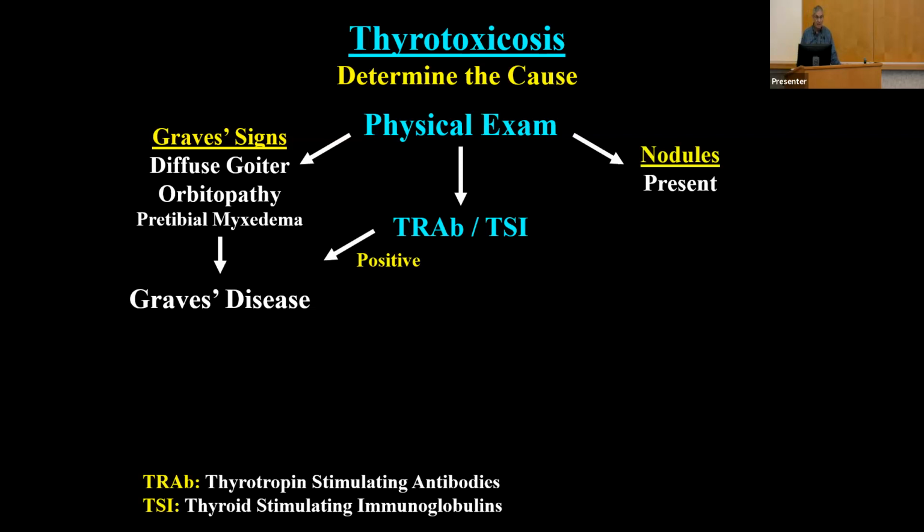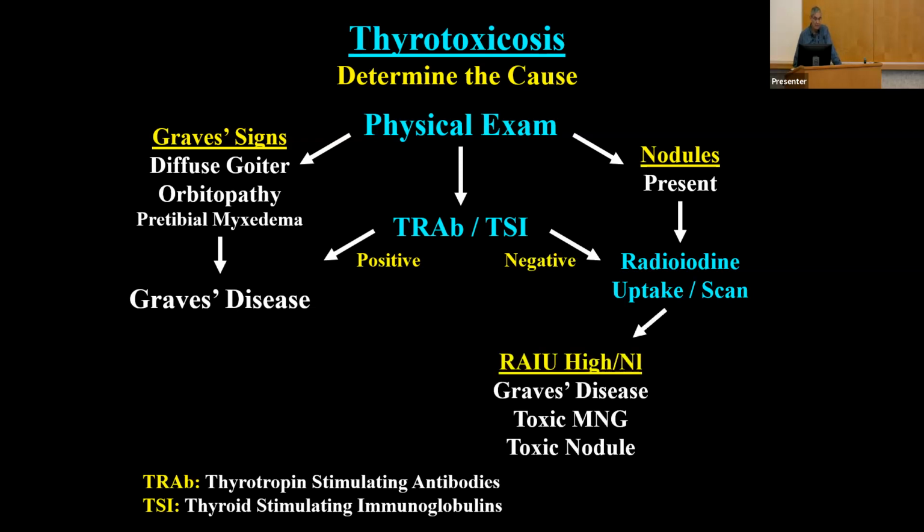But if somebody has nodules when you feel their thyroid gland, then instead you need to get a radioactive iodine uptake and scan. That's where the older nuclear medicine studies are important. And if you have a person that doesn't have nodules, but their TRAB is negative and you need to know the cause, that's again where the radioactive iodine uptake and scan is useful for you.